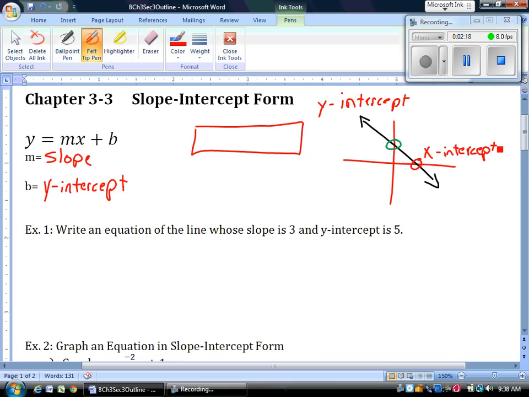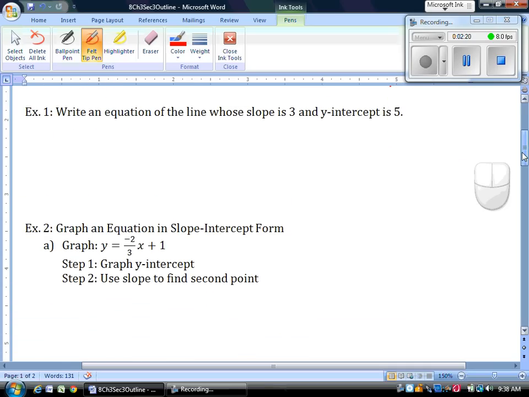So first example, write an equation of the line whose slope is 3 and y-intercept is 5. If I know that my slope is 3 and my y-intercept, which we call b, is 5, I can write the equation. Remember, our equation looks like this. We're going to spend a lot of time throughout sections 3, 4, and 5 writing equations.